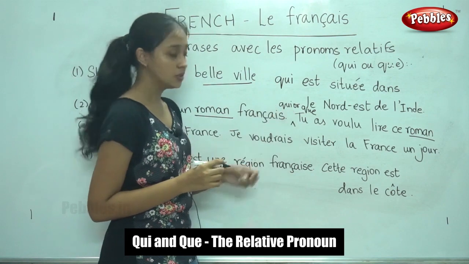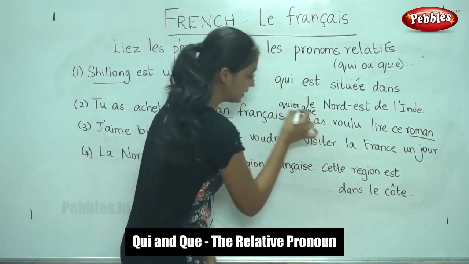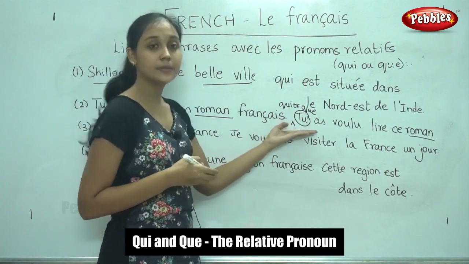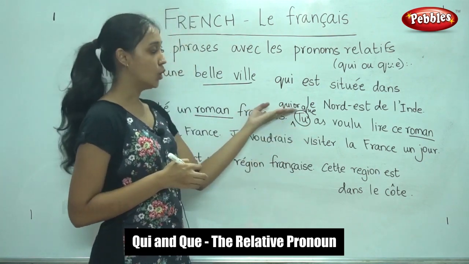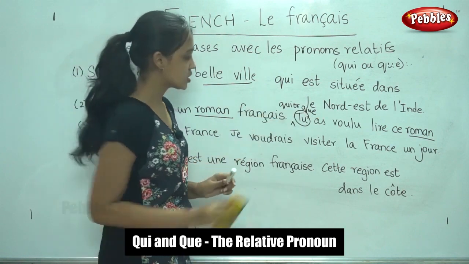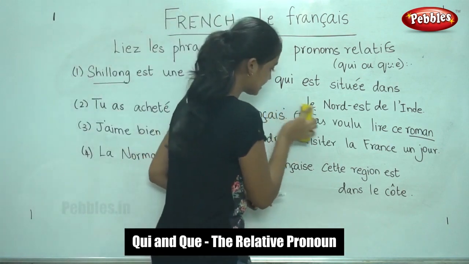Okay, now it is followed by a subject pronoun. So when it is followed by a subject pronoun, what would be the word? It is que. So how will you rewrite this sentence?